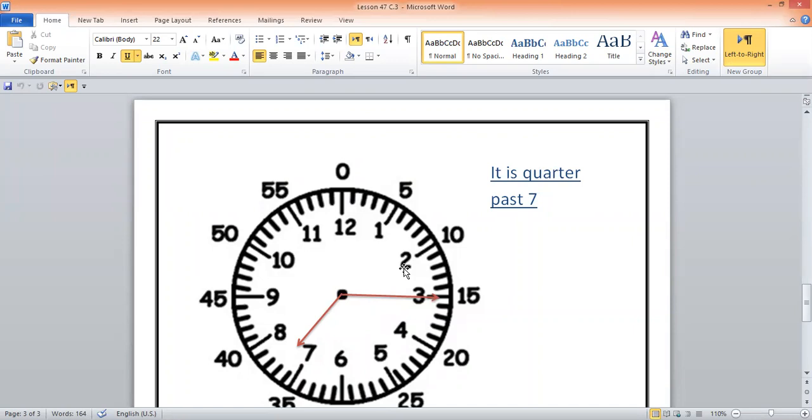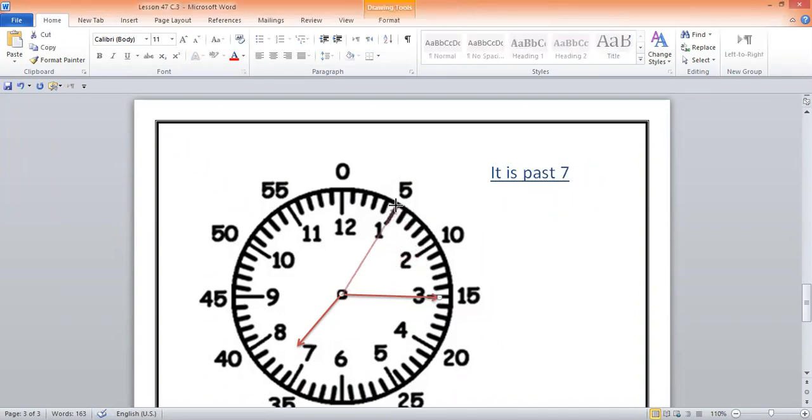I was telling you that if it is at 1, you will say 5 past 7. Let's suppose it is at 1. You can say 7:05 as well, or you can say it is 5 past 7. What does that mean, guys?